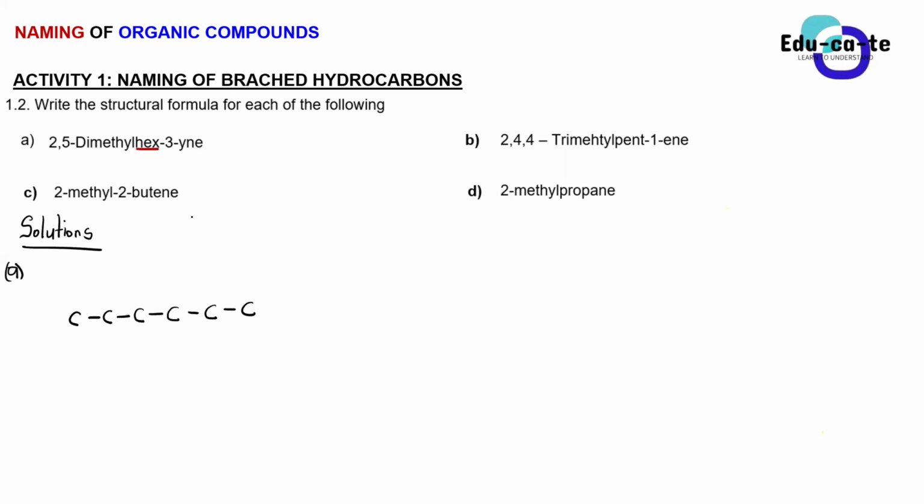Now you decide on the bonds between the carbons. Are we going to have only single bonds, like the way that I've drawn this, guys? Yes, let's hear from Mukobe. We're going to have a triple bond, right?